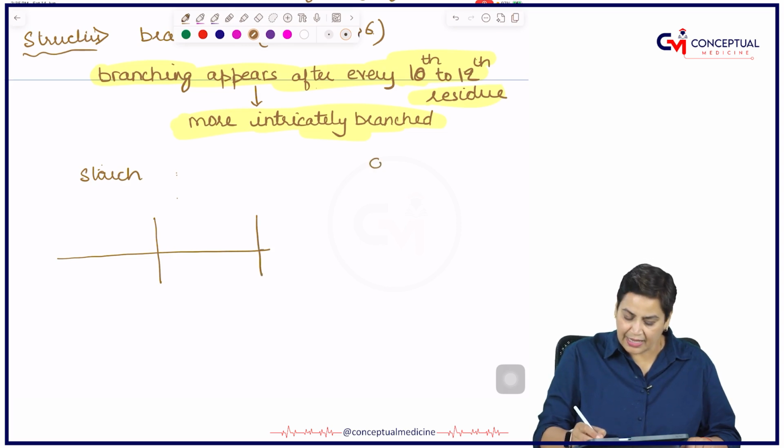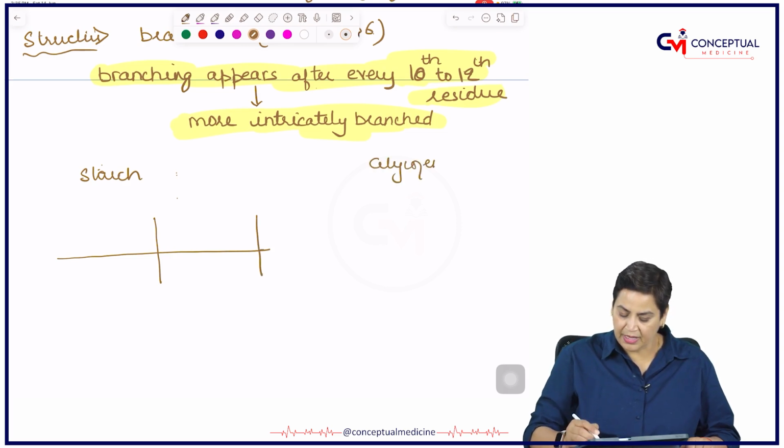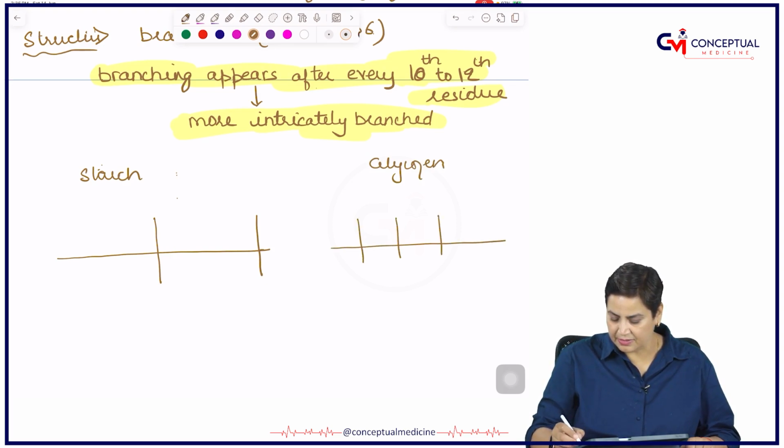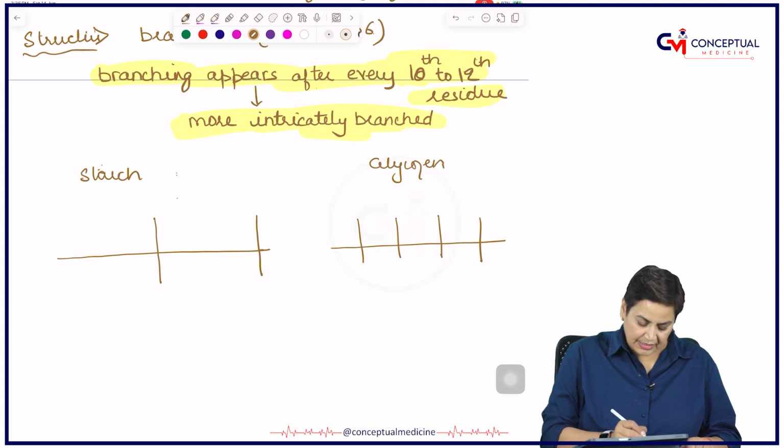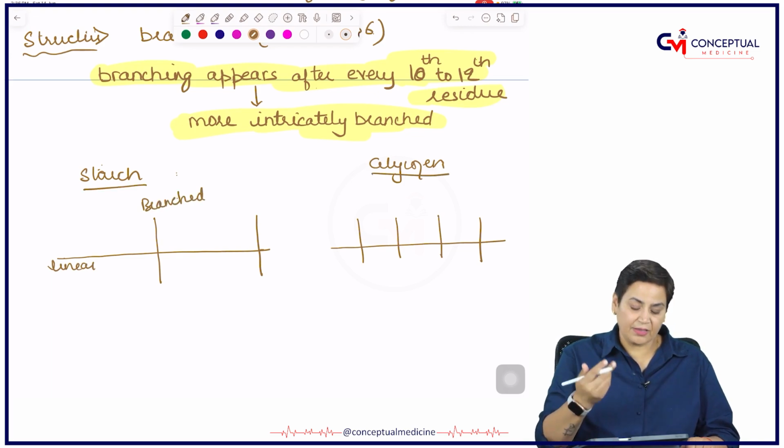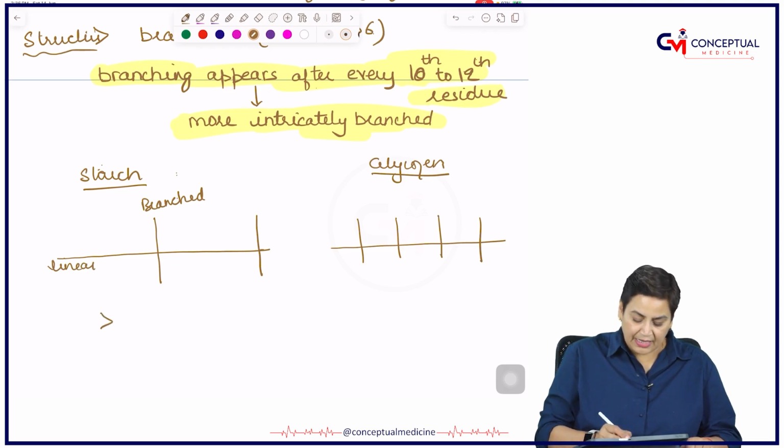The structure of glycogen would be alpha 1,4 and alpha 1,6 like this. So this is the linear one and this is the branched one, and this is the difference. Another practical difference is that starch gives a blue color with iodine, while glycogen gives a red color with iodine.